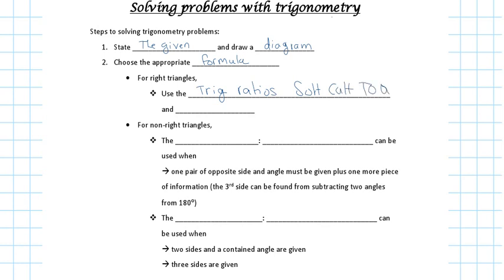Or you can use, as we said, the Pythagorean theorem, which is a squared plus b squared equals c squared. And remember that c represents the hypotenuse.